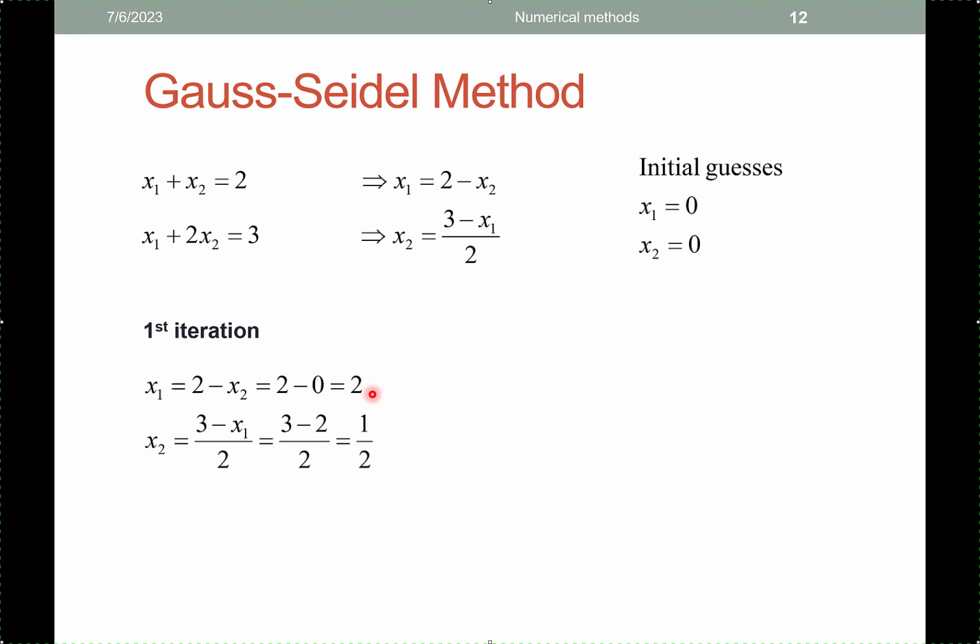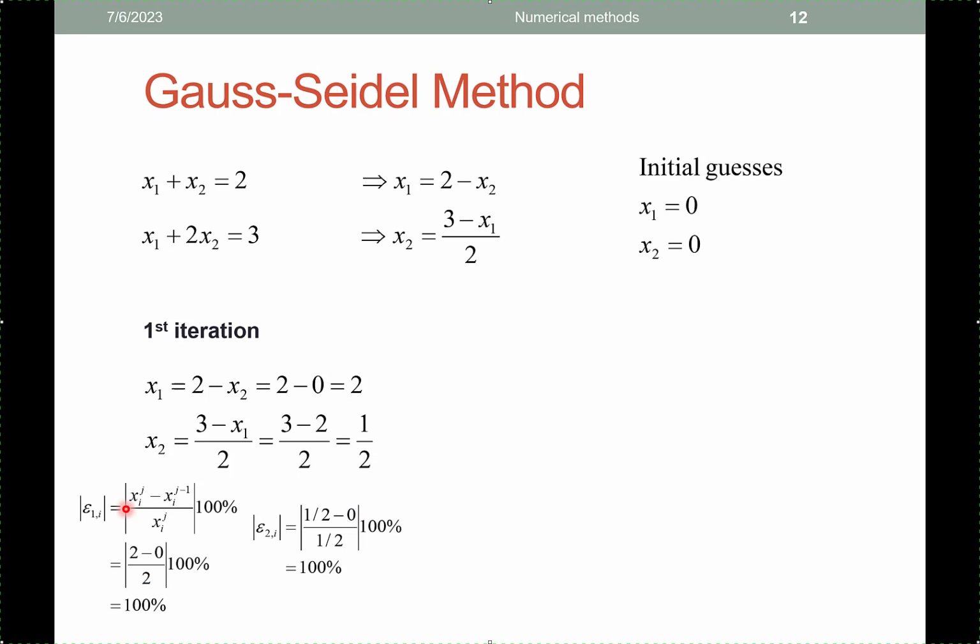So now this is my updated value for x1. So when I'm calculating x2 and I need x1, I'm going to plug in this updated value. I'm not going to plug in this old value when I'm following the Gauss-Seidel method. So in this case, it would be 3 minus 2, which we got here, divided by 2 equals half.